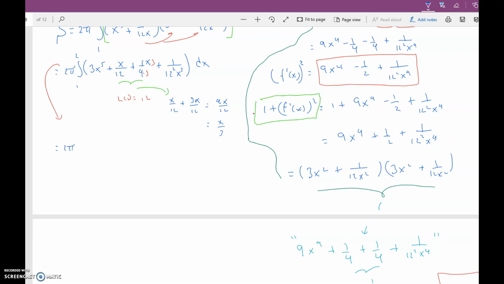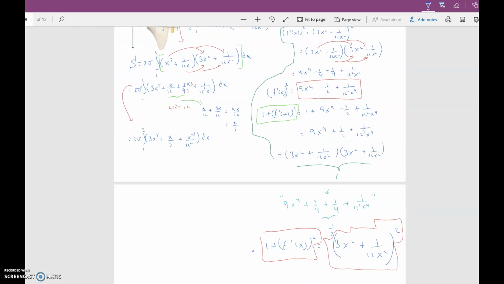So this is 2 pi integral from 1 to 2 of 3x to the 5th plus x divided by 3 plus 1 over 12 squared x to the 3rd. And let me just put that x to the 3rd on the top. So it'll be x to the negative 3, and this will be dx.